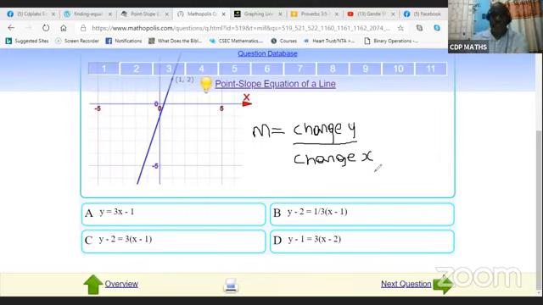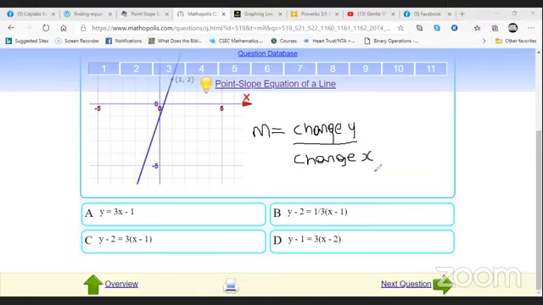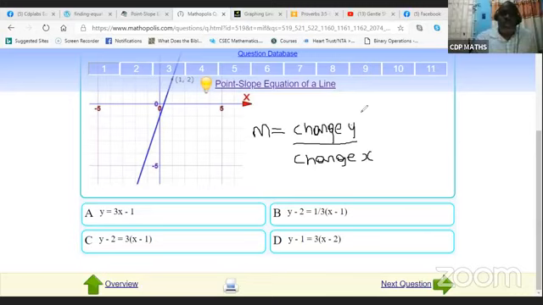What's the quotient? A lot of you can give your answer in the chat.